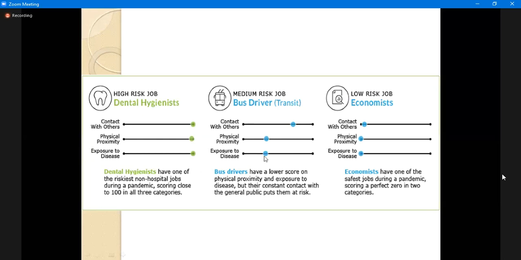It's not that high, like bus drivers, let's say ambulance drivers. An ambulance driver would have a certain amount of risk, but not that much really. So it will be in the intermediate category. And then there are other economists who can sit at home and have no exposure to patients, haven't seen anybody, and have no contact with others, and that fellow has no risk at all. So if that brings a lot of money, people will certainly think about that kind of job in the future.